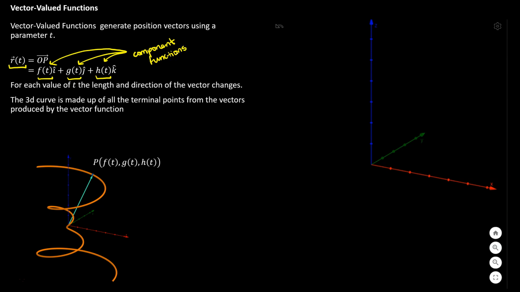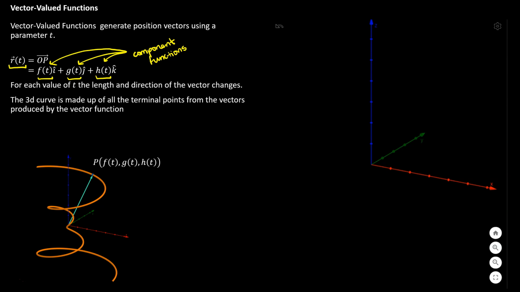These component functions are multiplied by the standard unit vectors i hat, j hat, and k hat. They are not vectors themselves. f, g, h, those are actually scalar functions, just like the functions that we used in Calc 1.